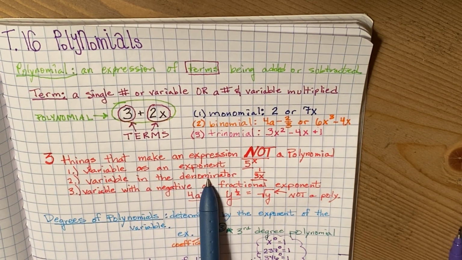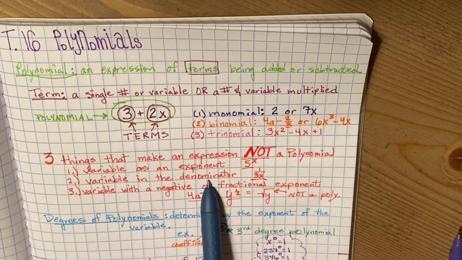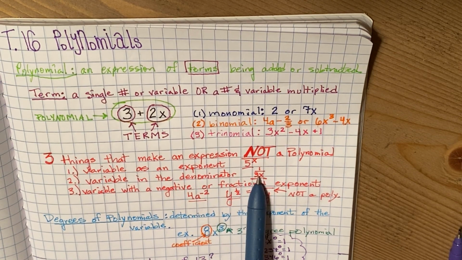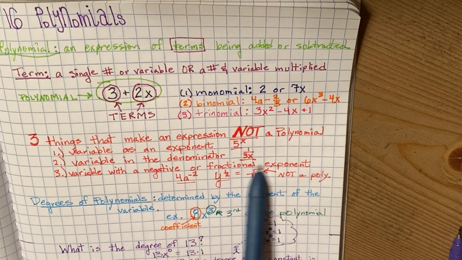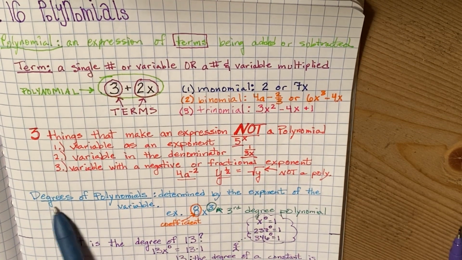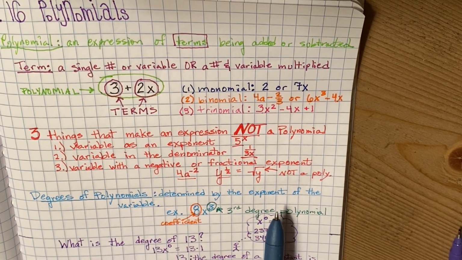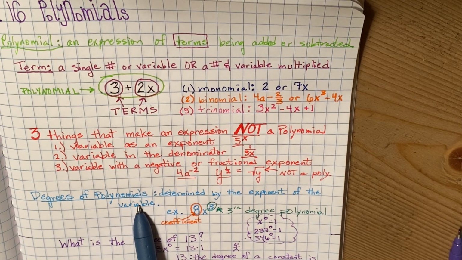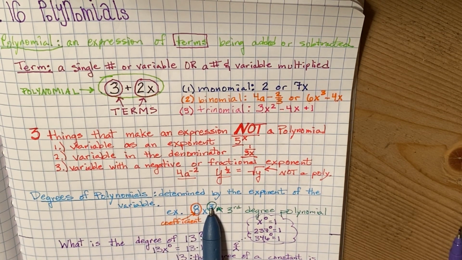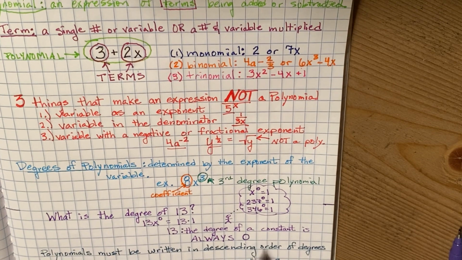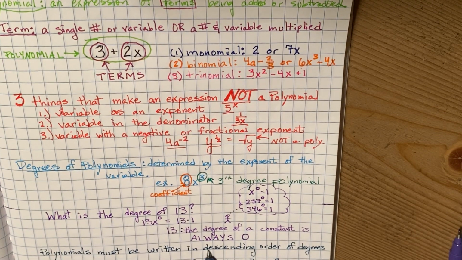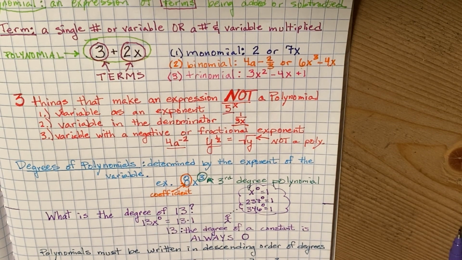The big thing to remember is that the variable can't be in the denominator. There's no division by a variable for a polynomial, okay? And that radical sign. You see that it's a big red flag. The degrees of polynomials, right? Determined by the exponent of the variable. So this is a 3rd degree polynomial. We talked about what the degree of a constant is. It's always 0. Okay, and then this, we talked about how polynomials must be written in descending order of degrees. So we rewrote this example into descending order.